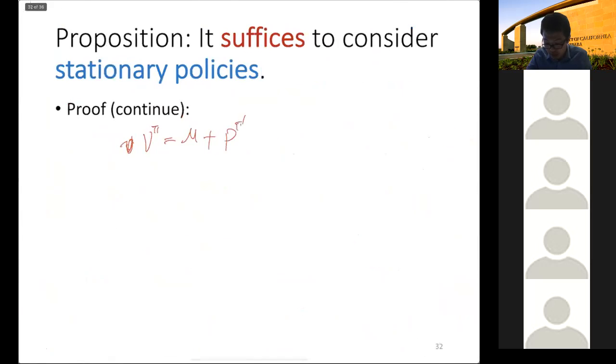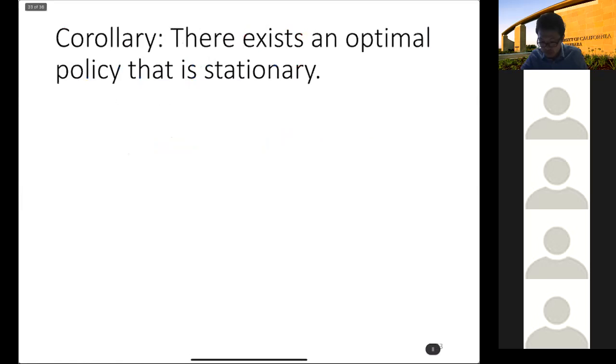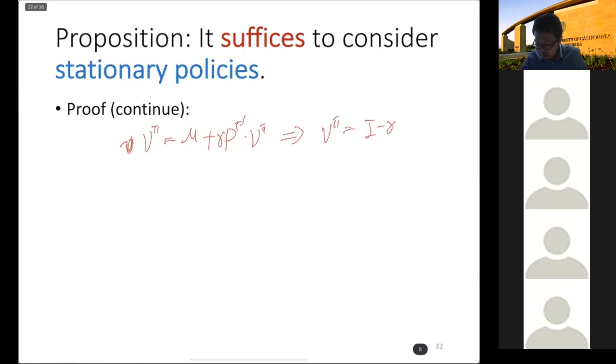P pi prime multiplied with nu, right? So which says that we can calculate this nu by solving, yeah, I'm missing a gamma. By solving 1 minus gamma P pi prime inverse of the input nu, right?